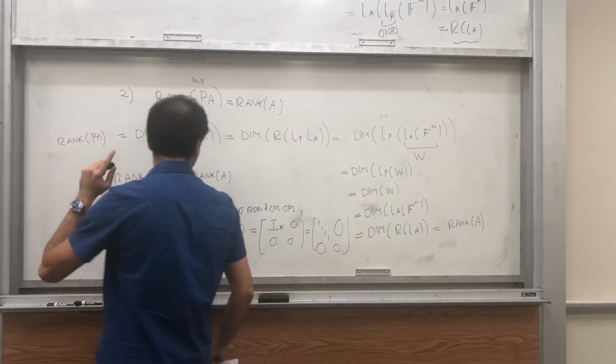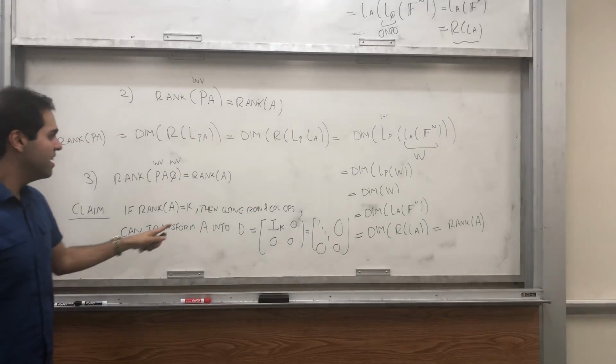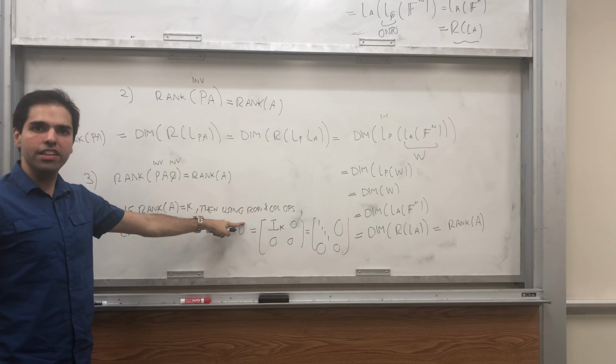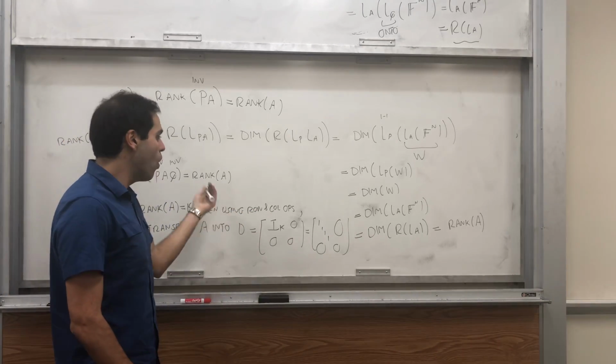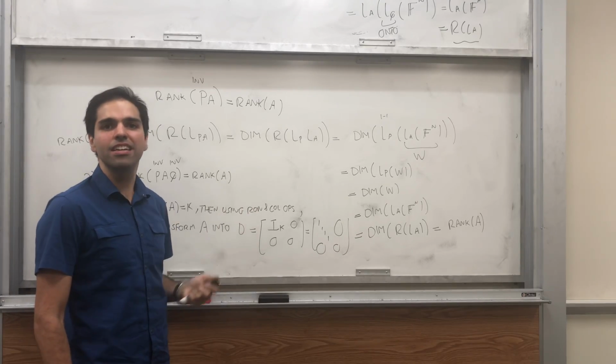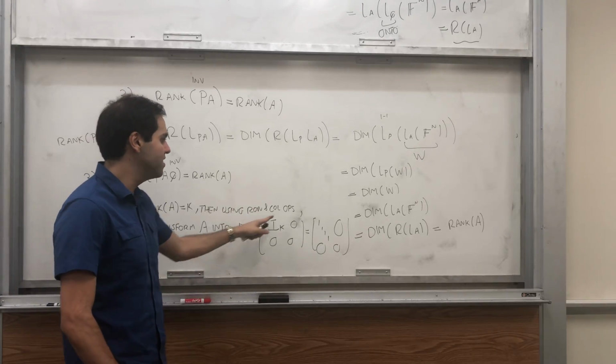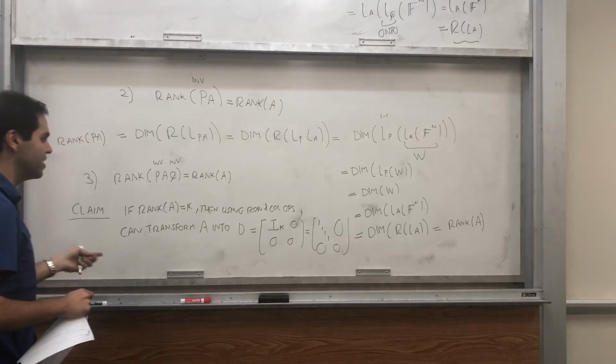Now, last ingredient that you need: in another video where I talked about elementary matrices, I showed that row operations can be basically written as elementary matrices, and so can column operations.